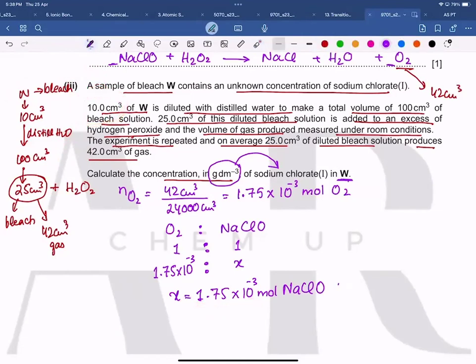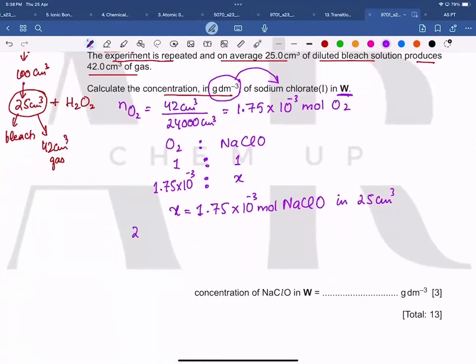So these moles are actually calculated in 25 cm³ of diluted solution. And that solution we took out from the 100 cm³. So 25 cm³ contains this much moles, 1.75 × 10⁻³ moles.